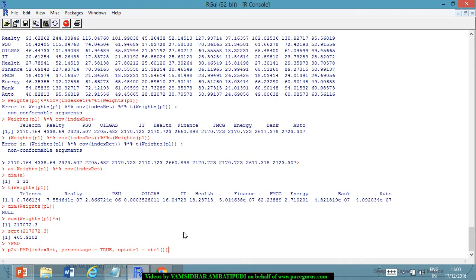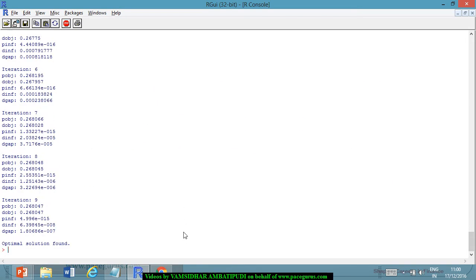P2 is the most diversified kind of portfolio for me. I'm giving the index returns, which are the continuous returns we have computed. The percentage is true, meaning the values are in percentage form. Based on this, I am getting my P2, which took around 9 iterations altogether.